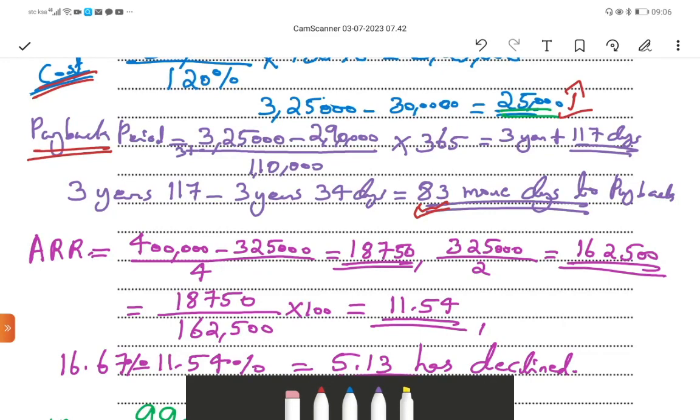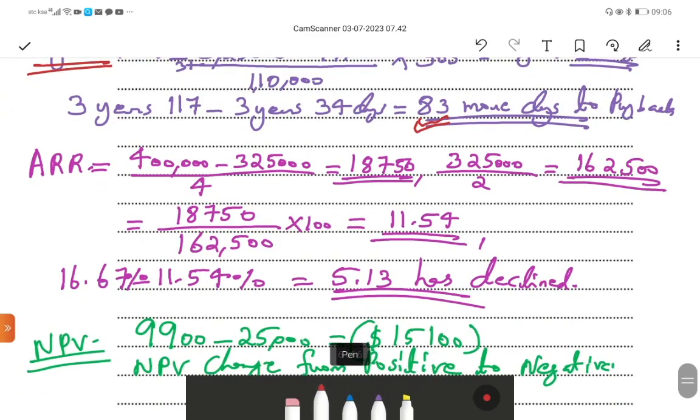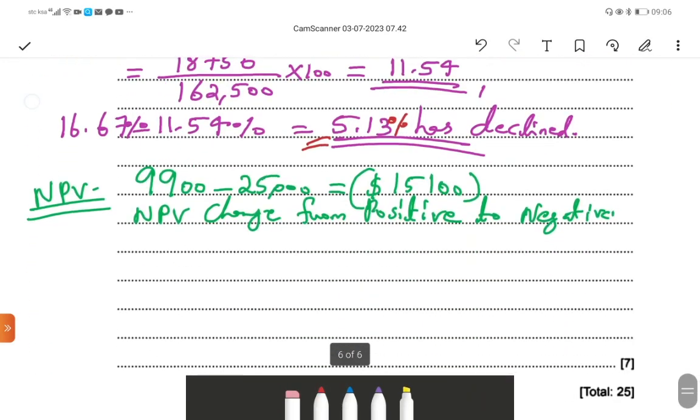So that is also not good. Next we have ARR, average rate of return, which has declined by 5.13%. Then net present value became from positive to negative.